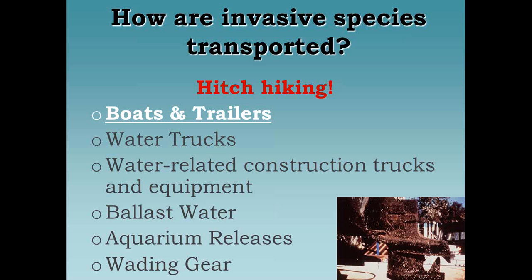But then once something is introduced, we call that a secondary spread, how it gets from one place to another, and that by and large is going to be trailered watercraft moving from out of the province and into Alberta waters. As well, we're also looking at firefighting equipment that we share with other provinces, any kind of construction gear used in the water, aquaculture, that sort of thing. But again, the best bang for our buck is really focusing on the boats and trailers.